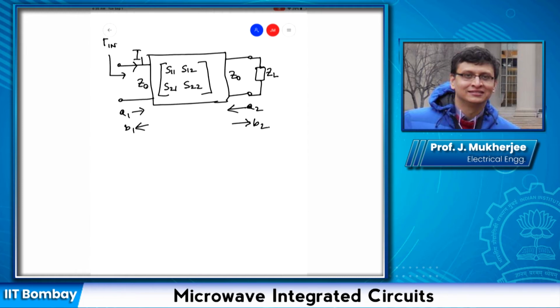Okay, so the signal flow graph diagram of this circuit will be given like this.